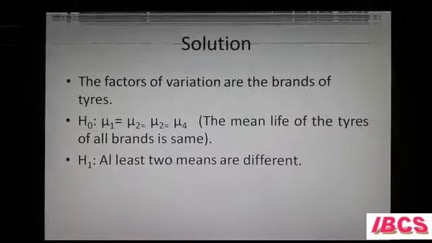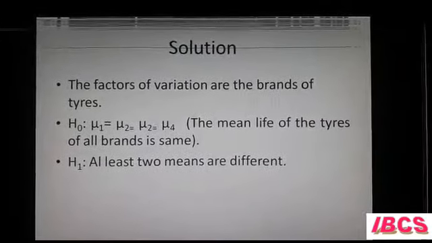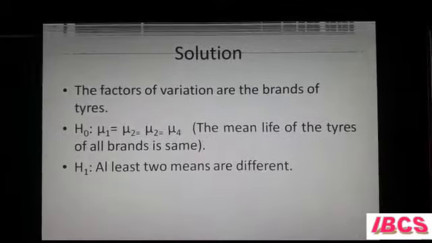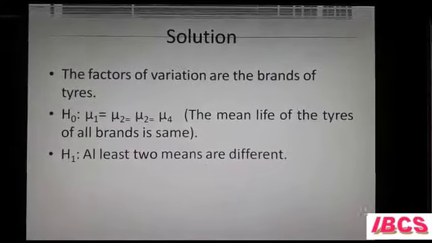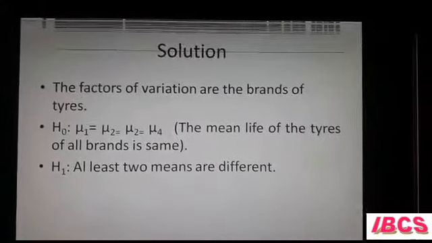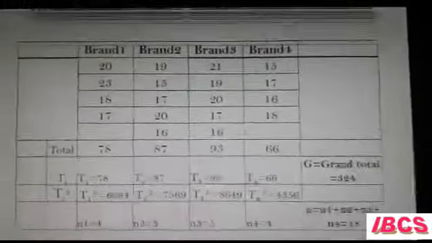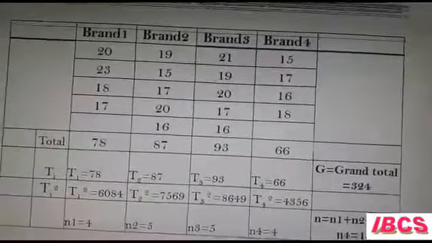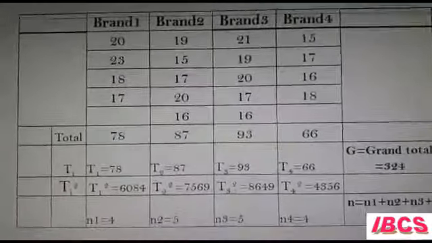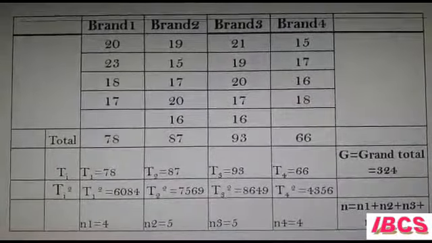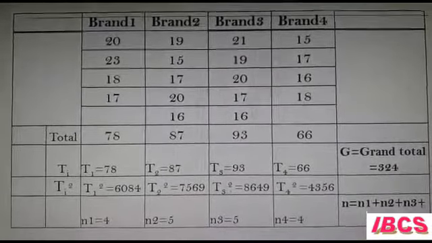The solution: we write the null hypothesis, the mean life of the tire of all the brands is the same. Then we write the alternative hypothesis, at least 2 means are different. Next step, we calculate the total of brand 1, the total of brand 2, the total of brand 3, and the total of brand 4.